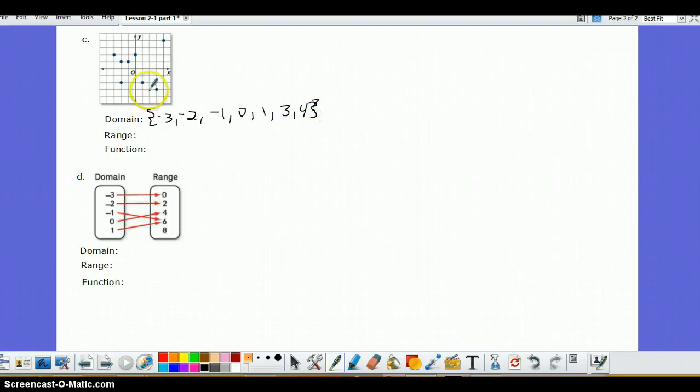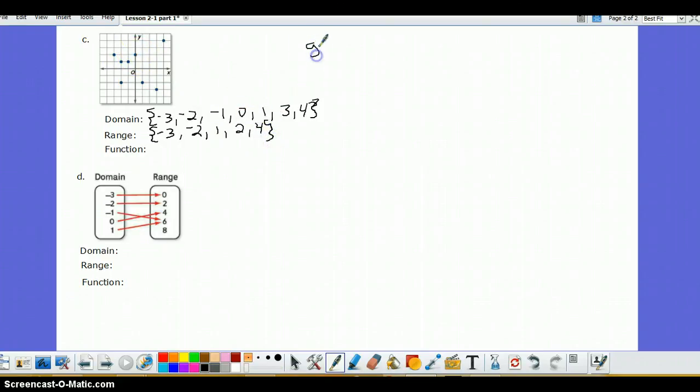Alright, range, so that's -1, 2, 3, -2, 1, 2, and then 4.